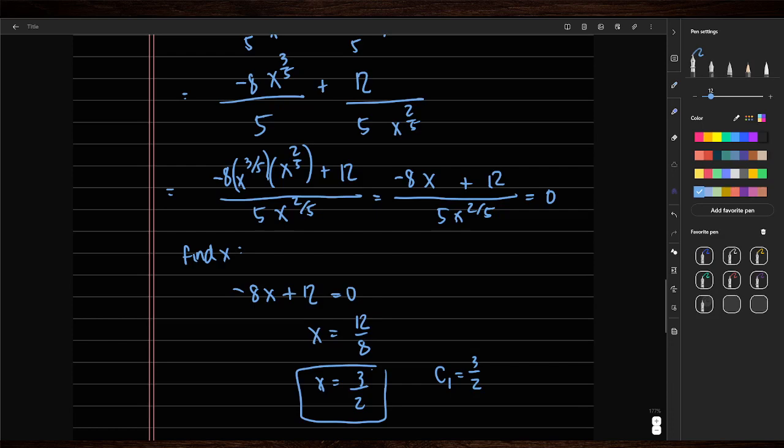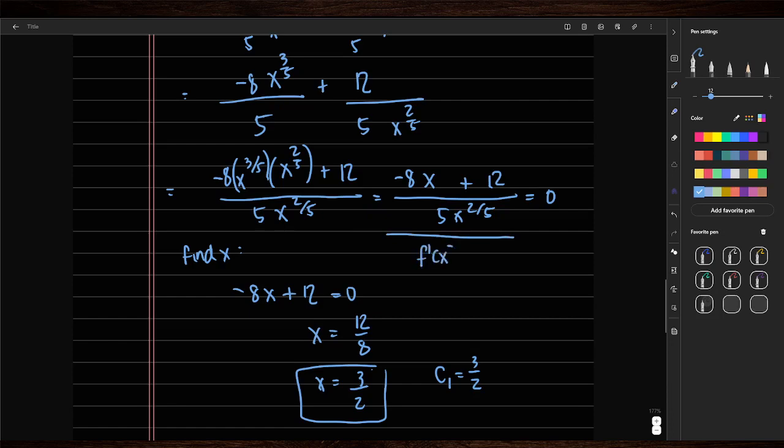But what we know is that if we take the derivative of f of x, it does not exist when we plug in the value of 0. This is your f prime of x.